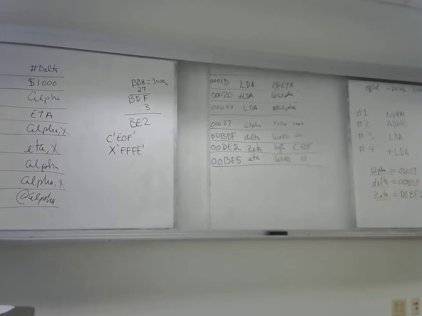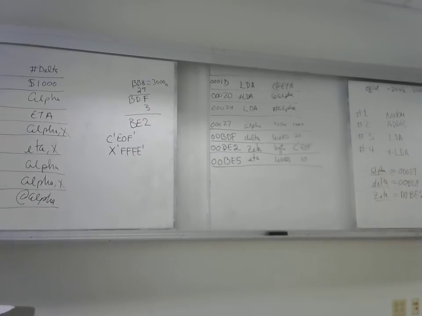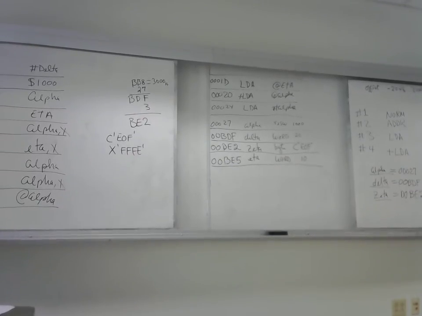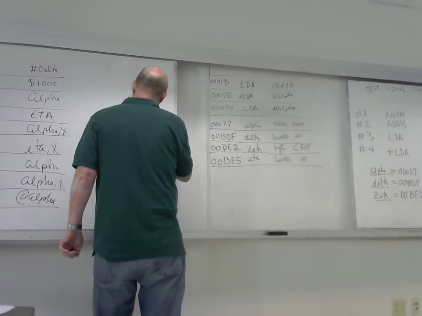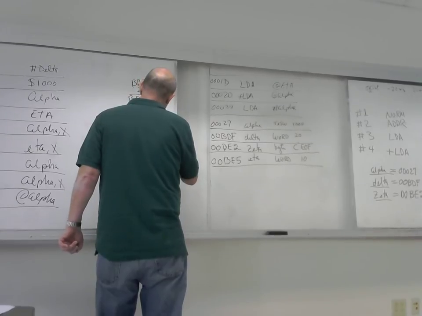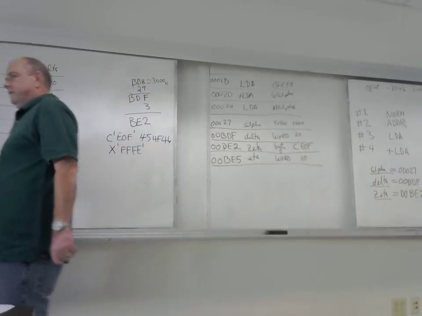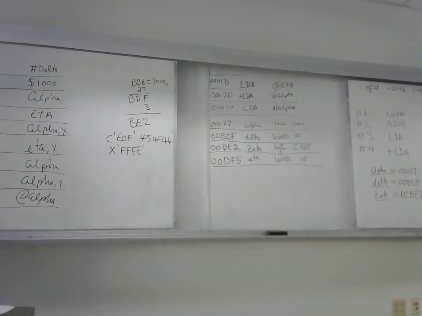That's 2 bytes, 16 bits. Notice that your characters, ASCII characters, each character takes 2 hex digits. Each character takes 2 hex digits. So this is actually 3 bytes: 45, 4F, 46.